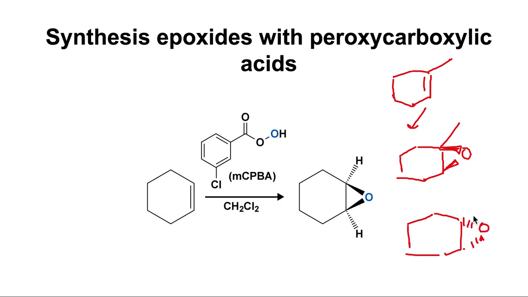So we will get a mixture of both of them, and you often are going to see only one of them, but keep in mind that both of them are possible. Again, for this reaction, the molecule is symmetrical, so it doesn't matter if we point that epoxide up or down. But when we have a molecule that is not symmetrical, you must indicate that both products can happen.